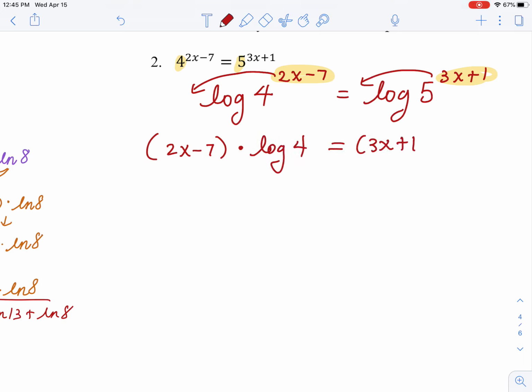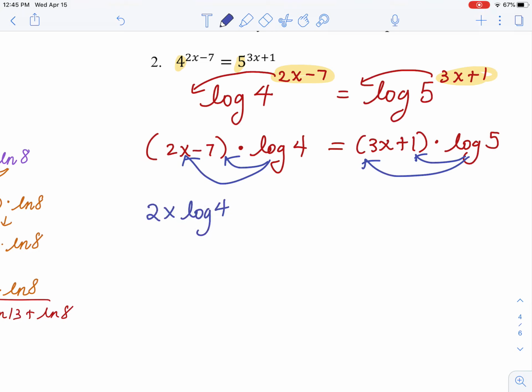That's going to be 2x minus 7 times log of 4, okay, equals 3x plus 1 times log of 5, right? All right, distribute log 4 and log 5 to both sides. You're just going to distribute this number to these two terms and distribute that number to these two terms.